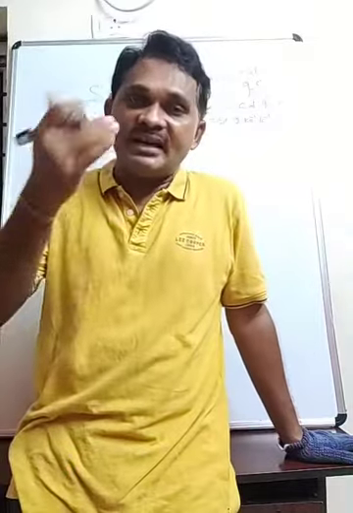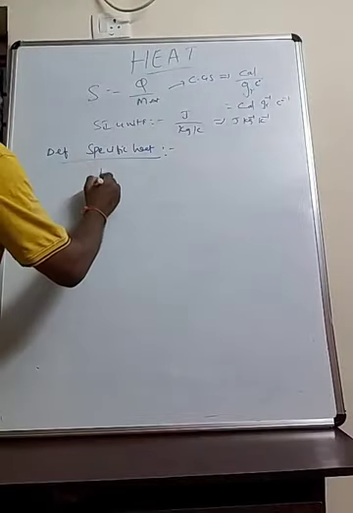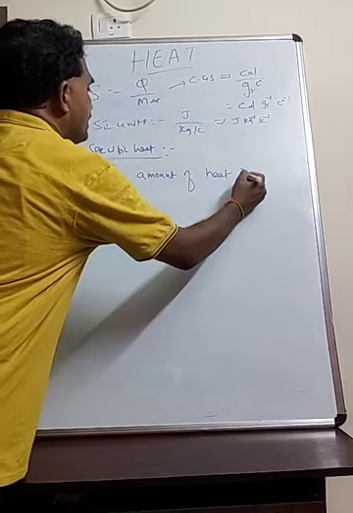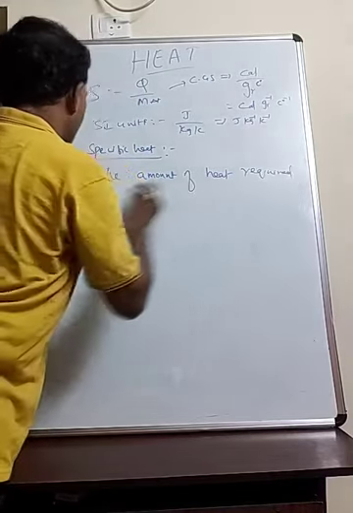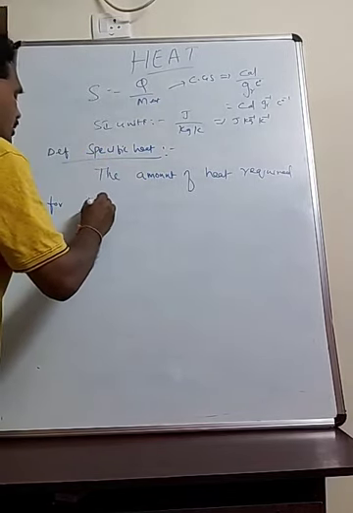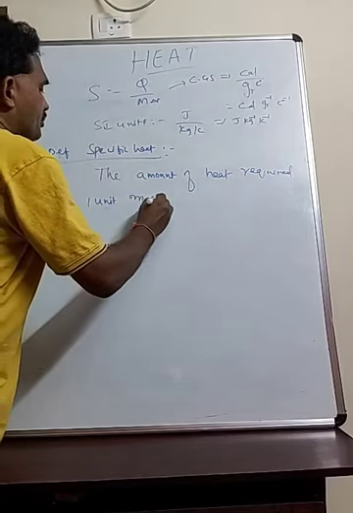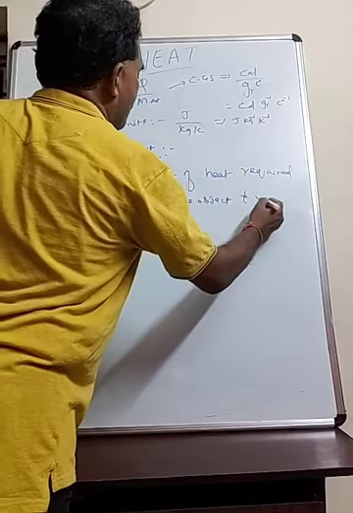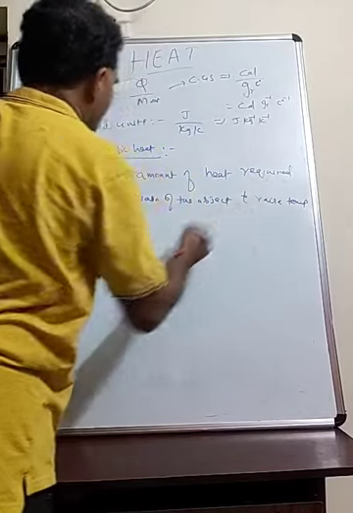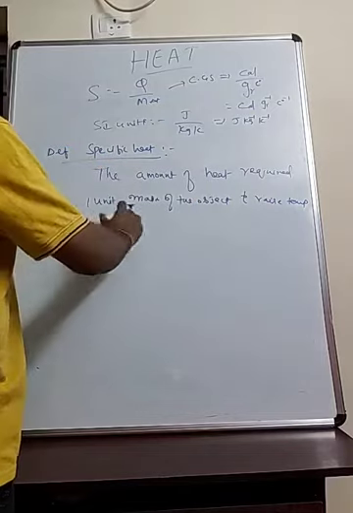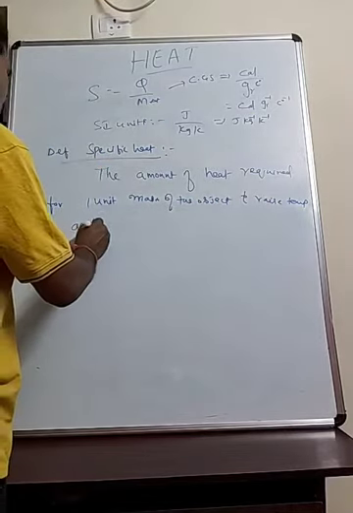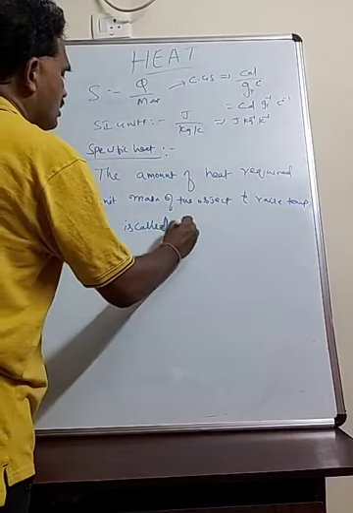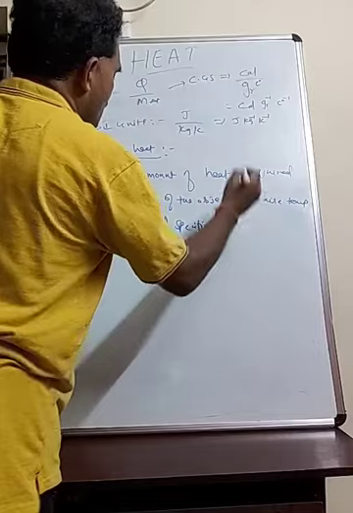Very simple. So we can define it like this: the amount of heat required for 1 unit mass of the object to raise its temperature by 1 degree centigrade is called specific heat.